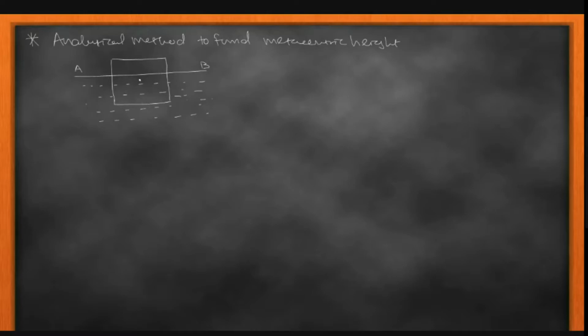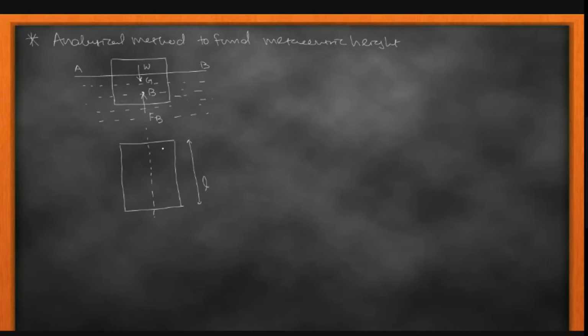Let's take this point G, where the weight W is acting. This is the point B where the buoyancy force is acting. If I take the projection of this object perpendicular to this plane, the width is B, and the length of the object is L.